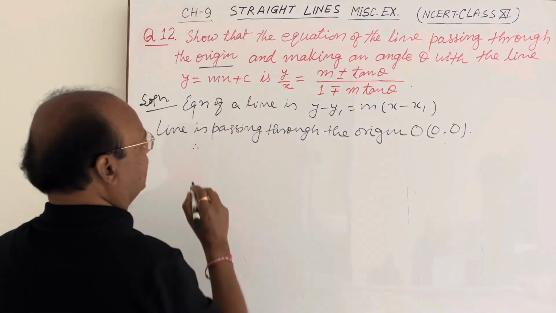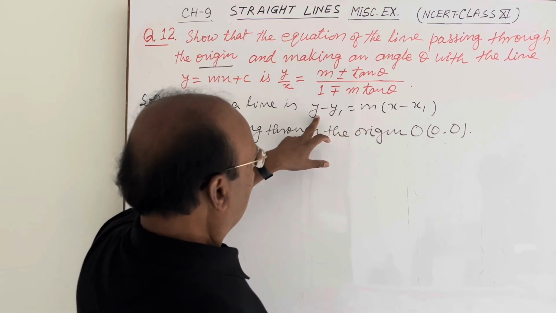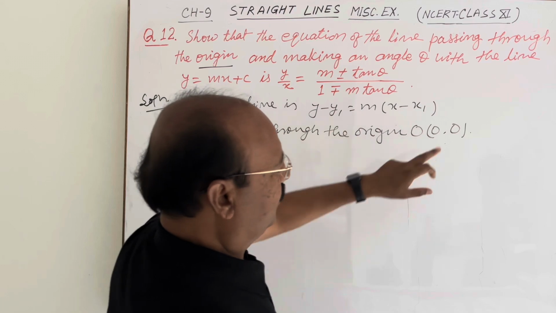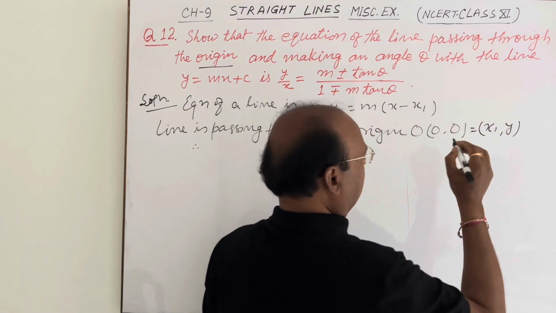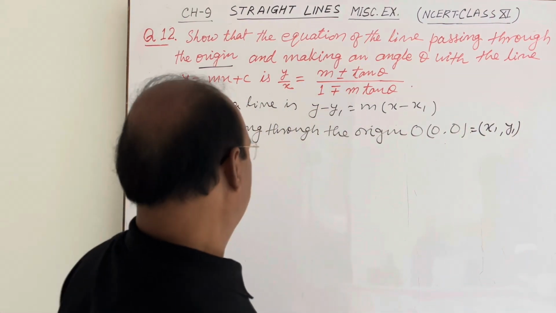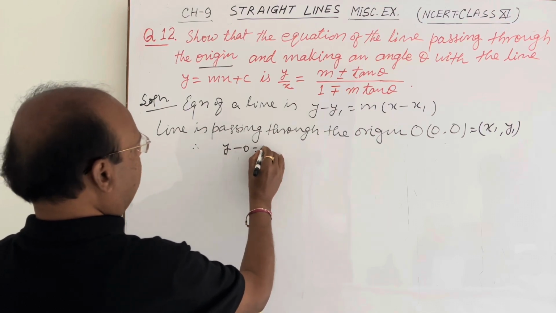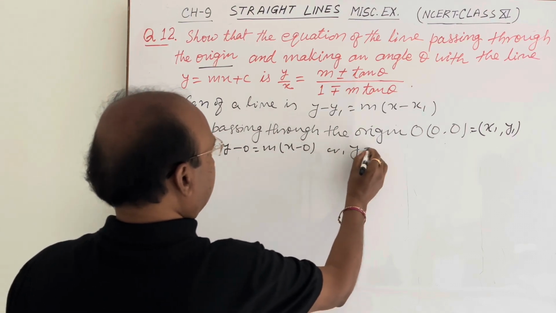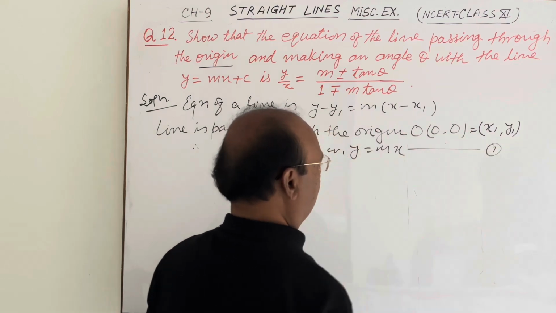Therefore, this equation will be satisfied by y1 is equal to 0 and x1 is equal to 0. So in place of x1, y1, we can put 0, 0. Therefore, y minus 0 is equal to m times x minus 0, or y is equal to mx. Suppose this is equation number 1.